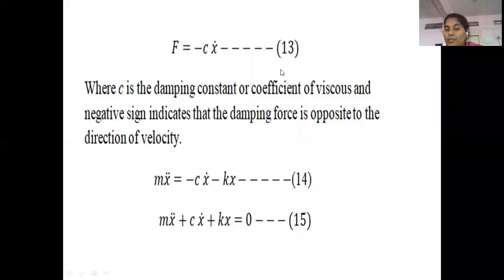If we rearrange the equation number 14, it becomes mx double dot plus Cx dot plus Kx equal to 0. Okay, so write this down.